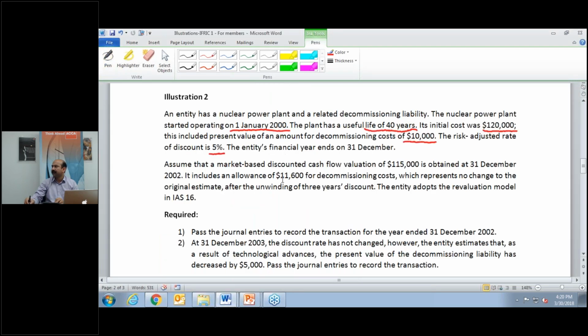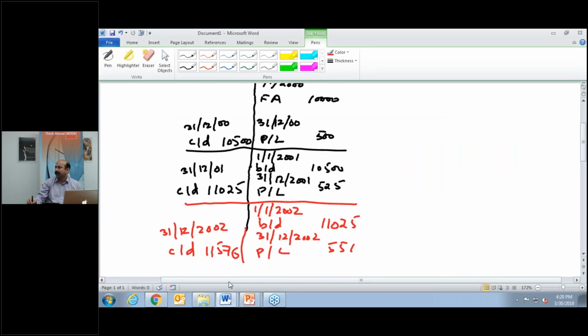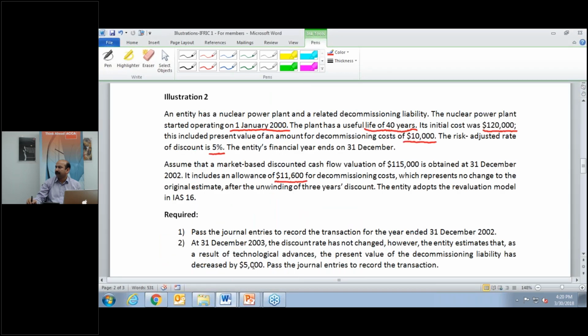Our question says, assume a market-based discount rate cash flow, and it gives the decommissioning cost. Only a small rounding difference, 11,576. Here they have taken 11,600.